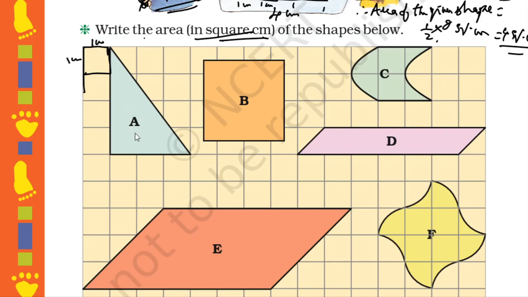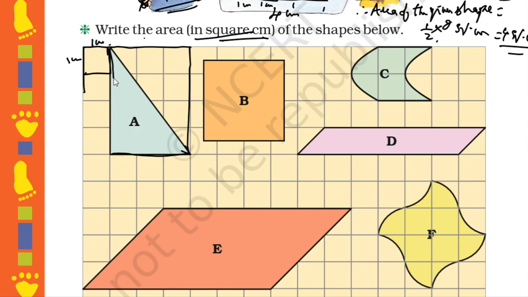Now let us see. If you take the first diagram A, this is a triangular shape. What is the area of this triangle? If you observe this, this is a rectangle.